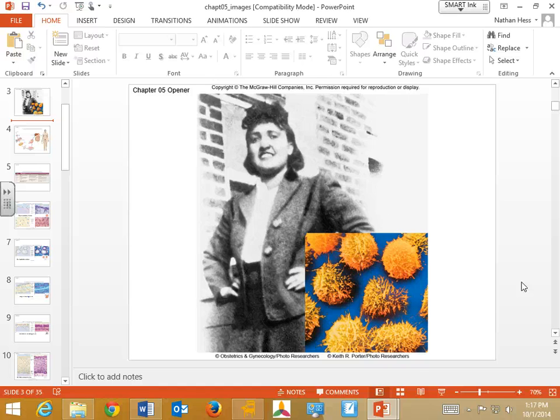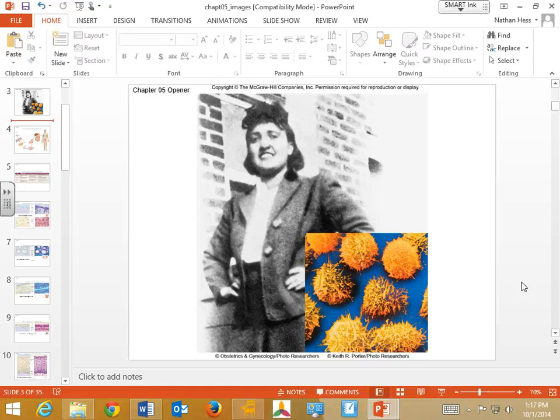And in the course of their diagnosing her, they took a sample from her tissue, right, from her uterus. And the cells that they took were just amazingly quick growing.